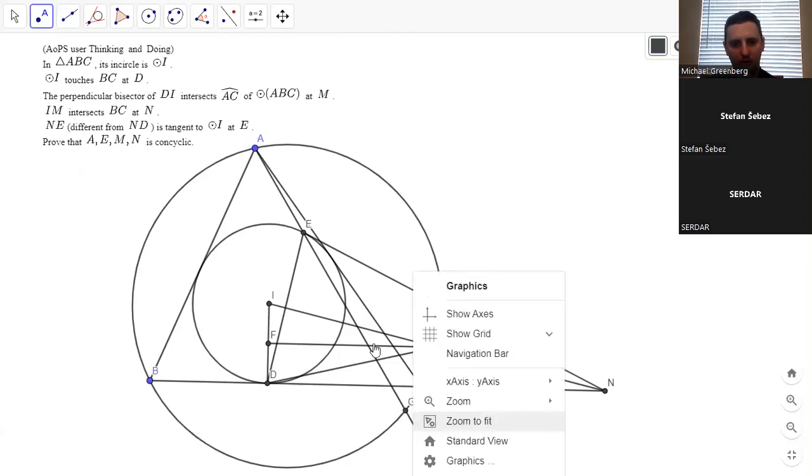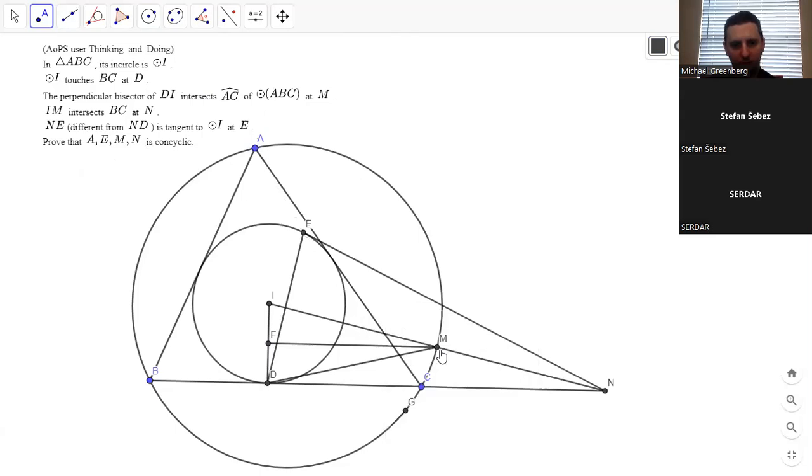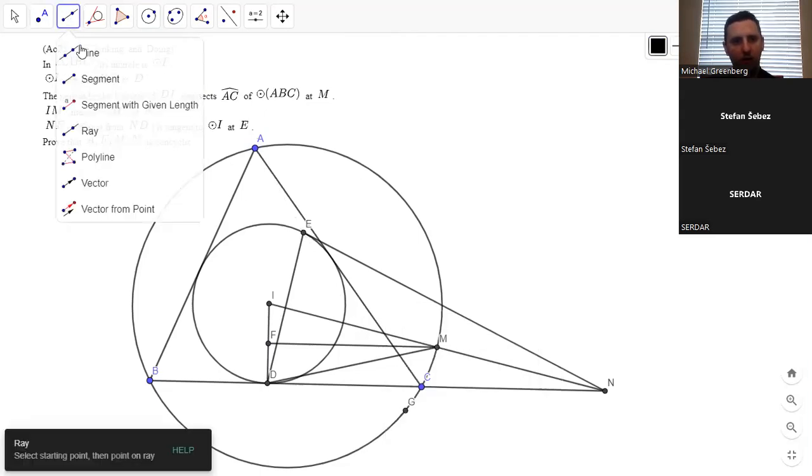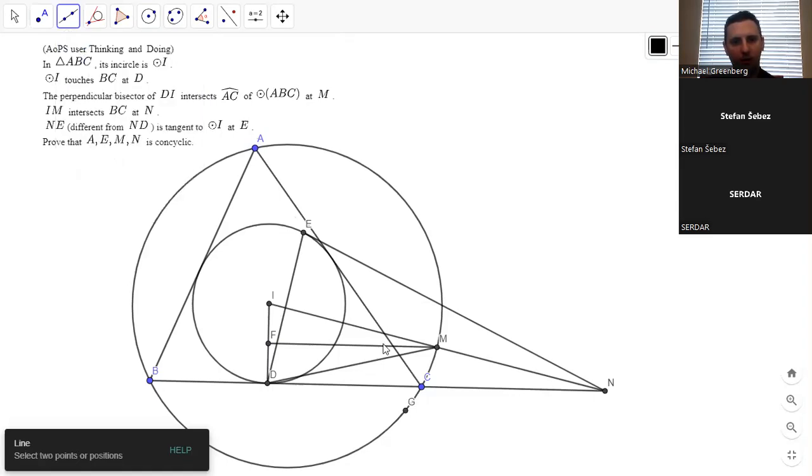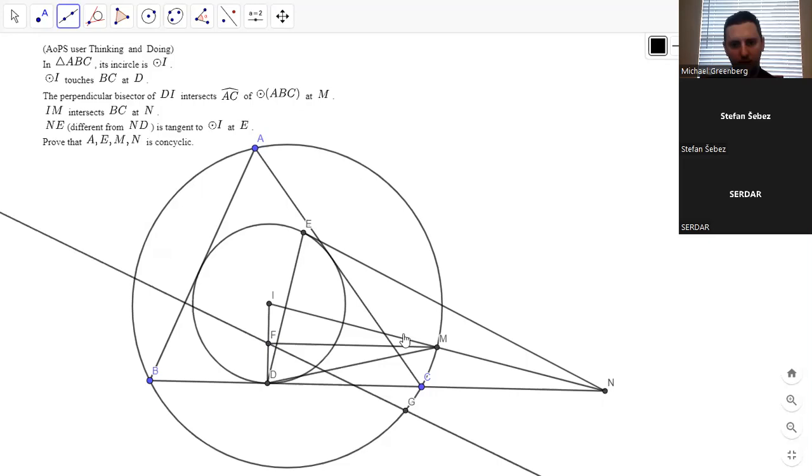Can you check if GF and IM intersect on the circle? Yes. No. Let me draw AEG again.